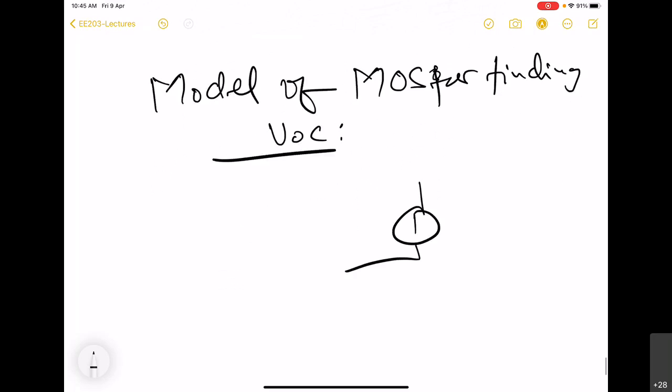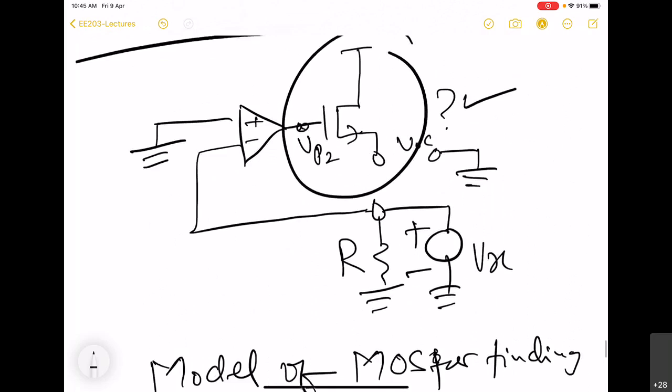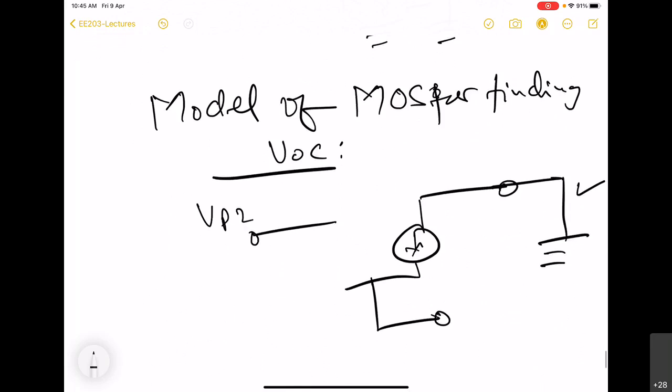So we are taking lambda equal to 0. So the model is going to be this one. So gate is getting excited by VP2. Drain is grounded. Source is open. And in this circuit, we have to find out what is VOC.